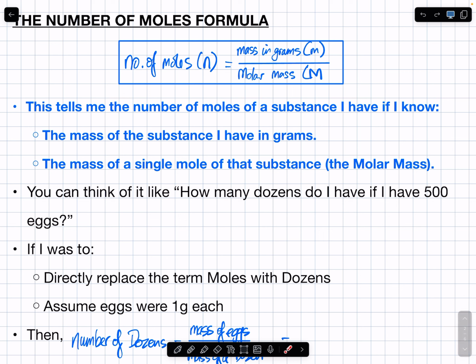Let's have a closer look at the number of moles formula. This is where you should start getting stuff down. The number of moles, n, is equal to the mass in grams, small m, divided by the molar mass, big M. You practiced using those, but it's nice to take a step back and just refresh to have a little overview and see how it all fits together, yeah?